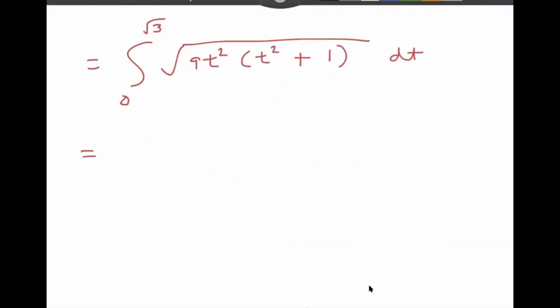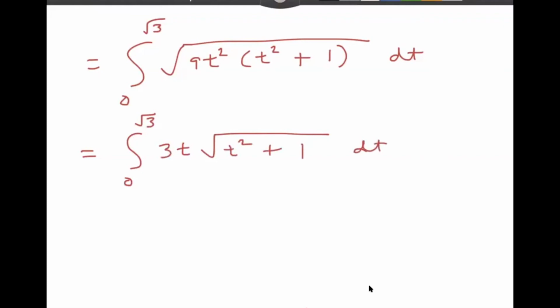Notice that t is positive on this interval, which means when I talk about the square root of t squared, I can just make it t. I don't have to make it absolute value t. All right, so the square root of 9t squared is 3t times the square root of t squared plus 1.